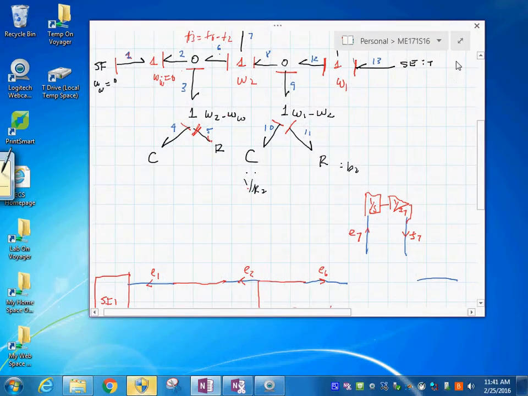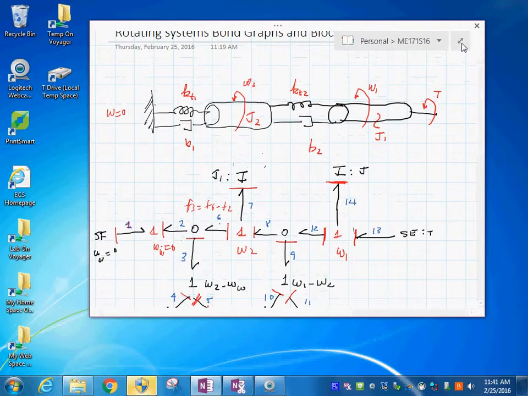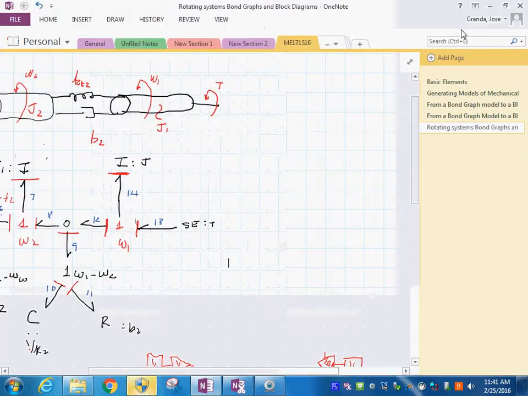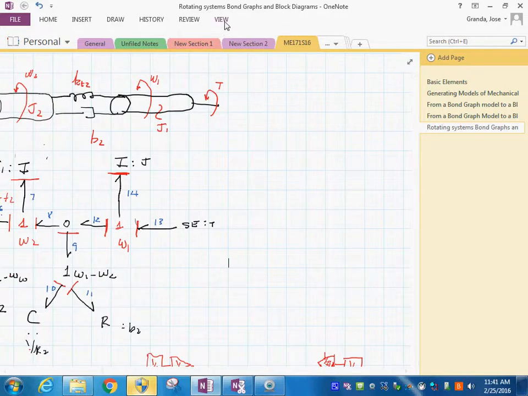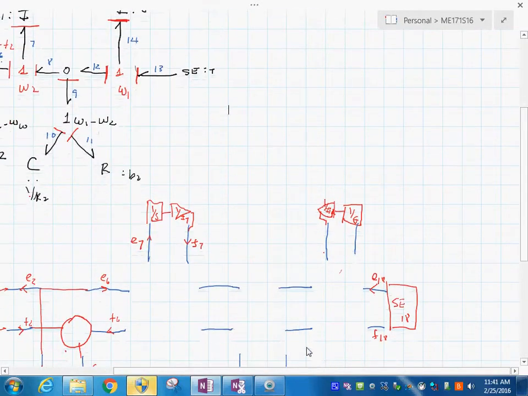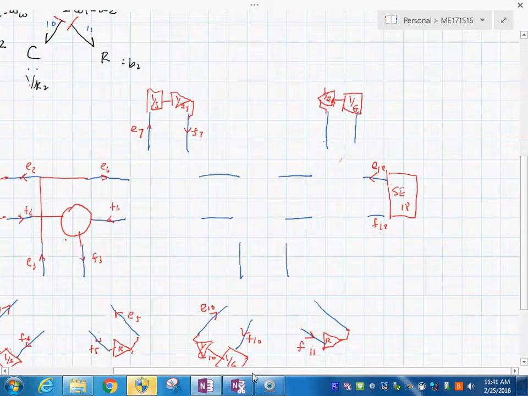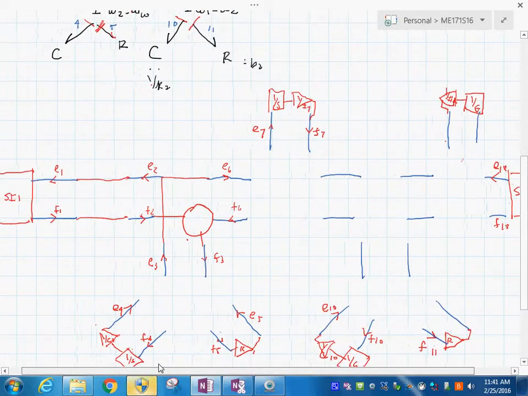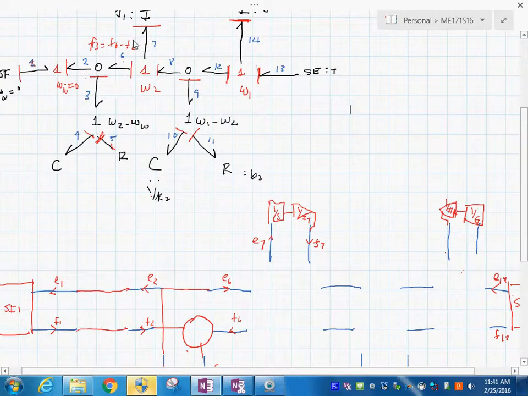Now we are going to do this one right here. Do you see? In here, all the flows are the same. So let's connect one, all the flows are the same. See right here, this flow, and then this flow, all of them are the same.